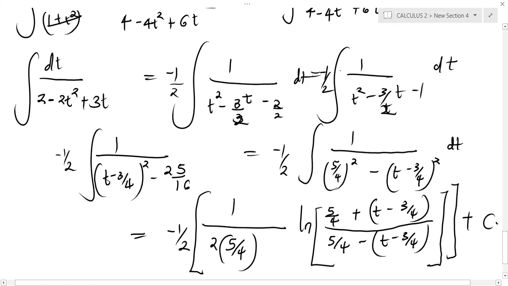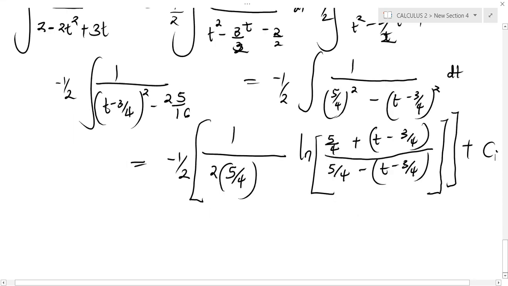Okay, so that's it. But remember that our final answer is supposed to be in terms of theta. So where there's t, we replace with tan theta over 2 and basically simplify.